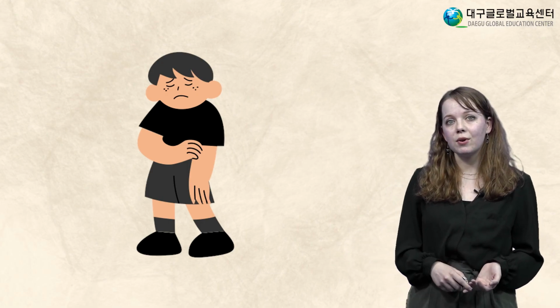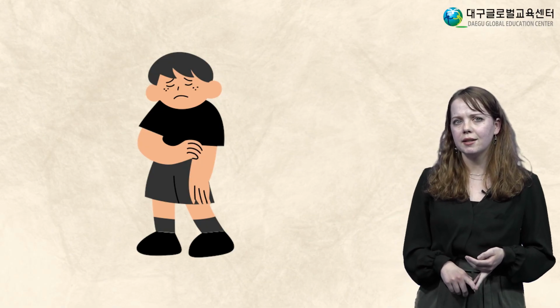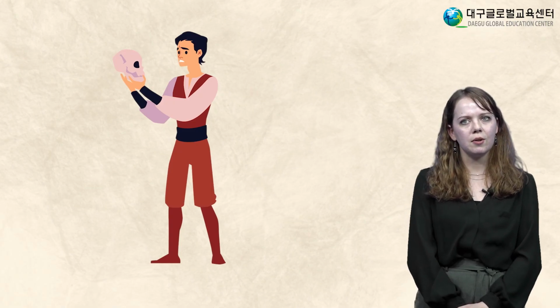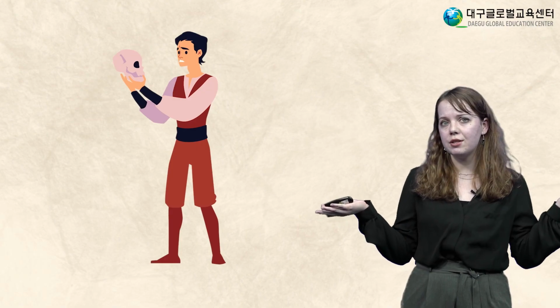It means evil and sadness. Which one does black mean here? It means sadness. Here is the last one. This man is wearing red clothing and holding a skull. What do you think the red means? Power or danger? I think it means danger.